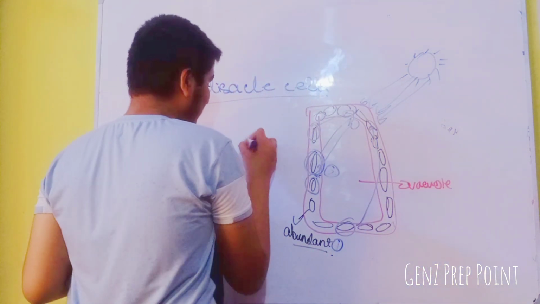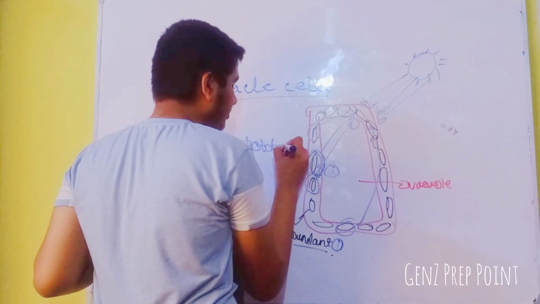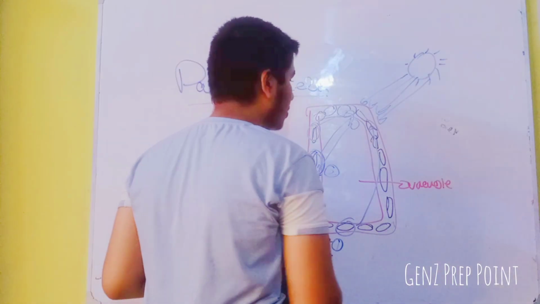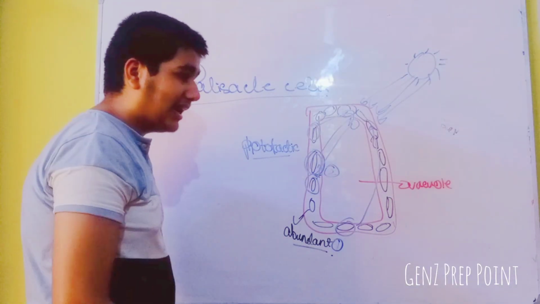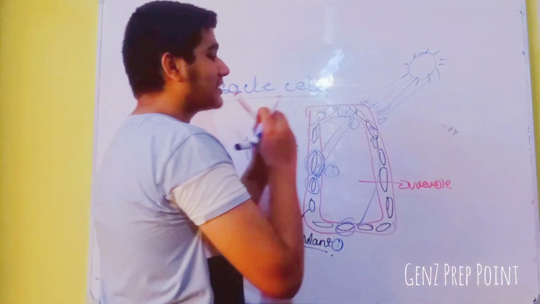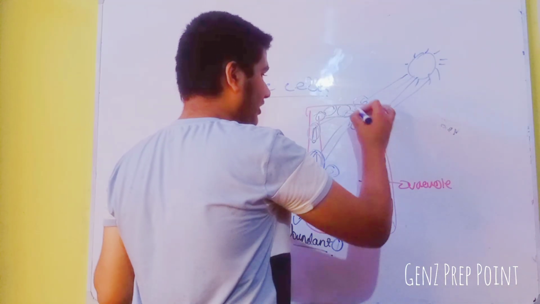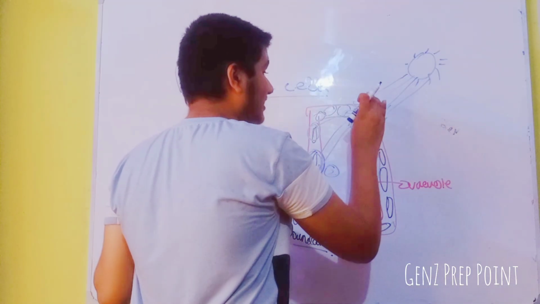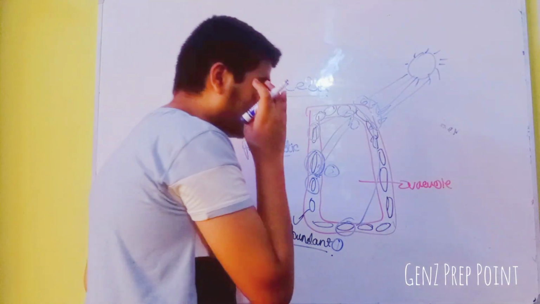Because these cells are phototactic. This is a new name for all you guys, phototactic, which means they sense sunlight and travel in response to the sunlight. The sunlight is reaching here, all chloroplasts will gather at this point. Either they are sparse, or they are abundant in number.